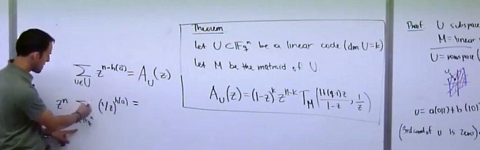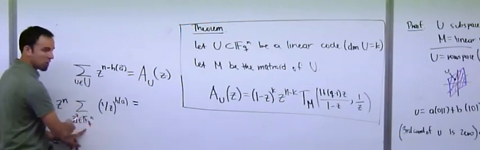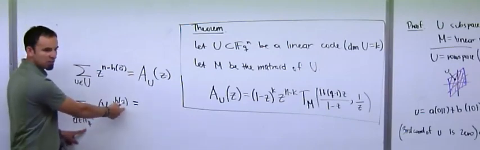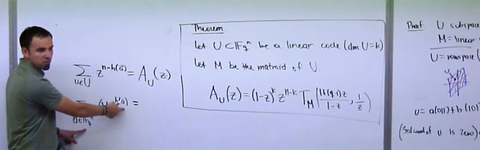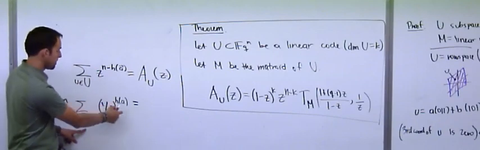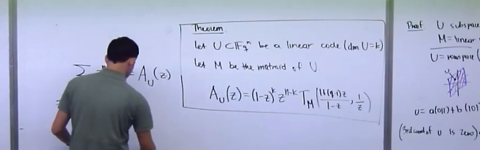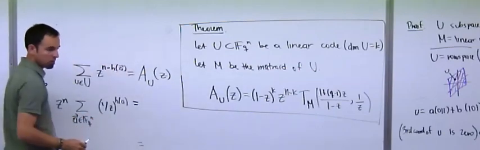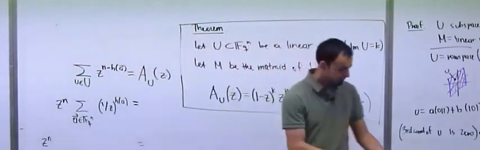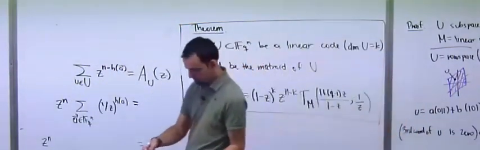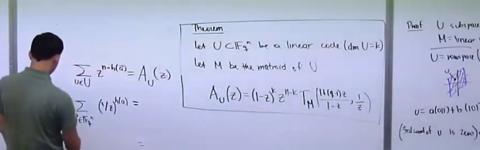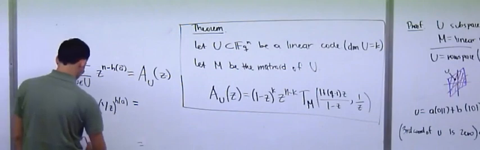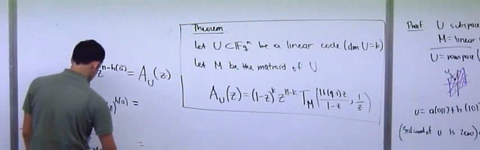But what is this? Summation over all the points in your vector space of something to the number of hyperplanes. This is exactly what we got from this finite field method that I talked about last time. And so this is exactly z to the n times one over z to the n minus r times this other polynomial that I talked about last time.